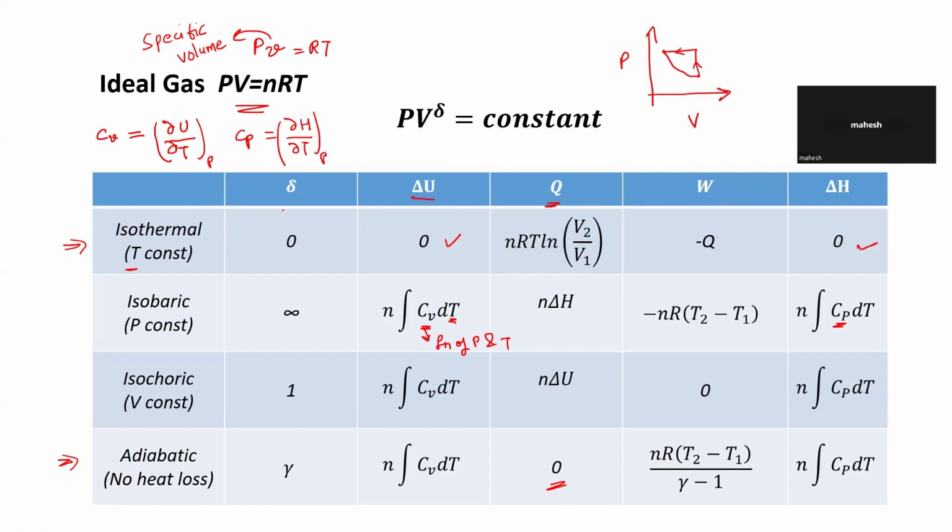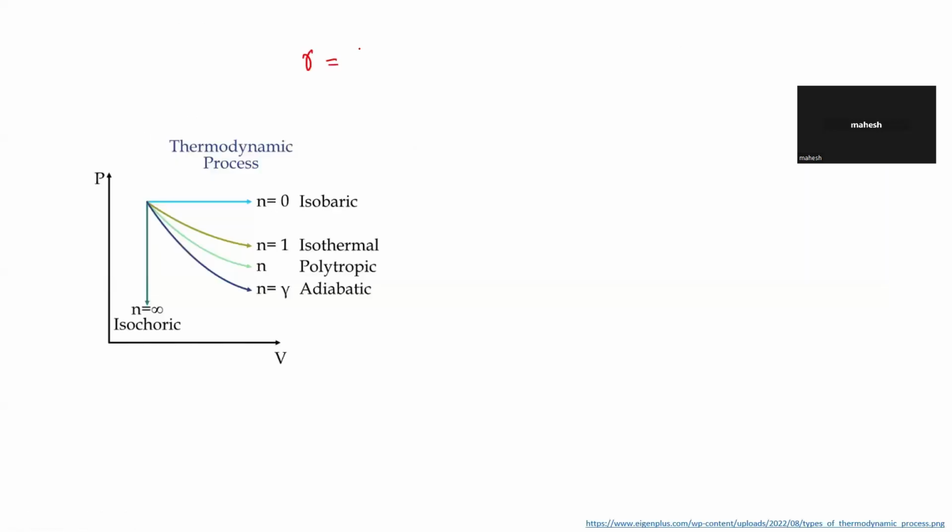Here in different processes, in the isothermal case, PV to the power 1 is constant. So in the adiabatic process, we have PV to the power gamma is constant, where we define gamma is equal to Cp by Cv.